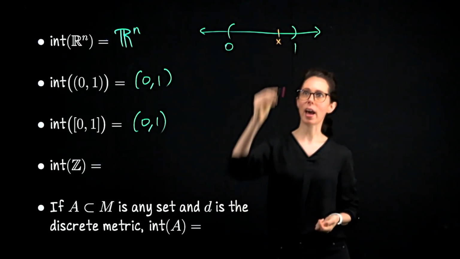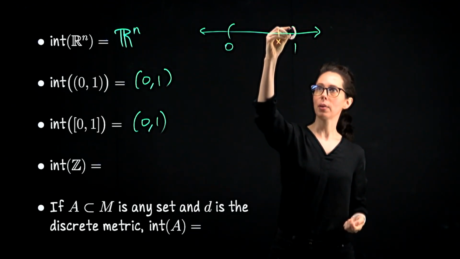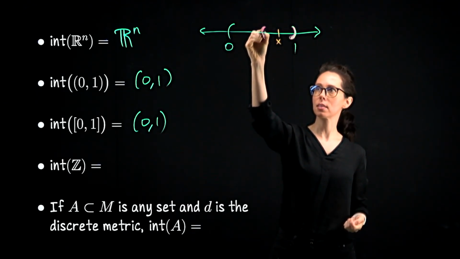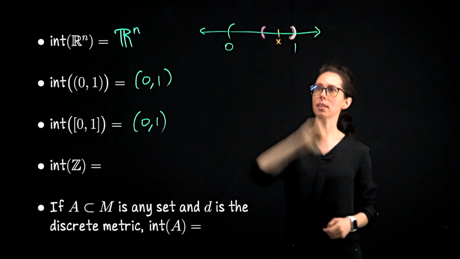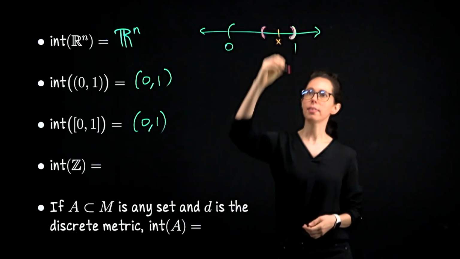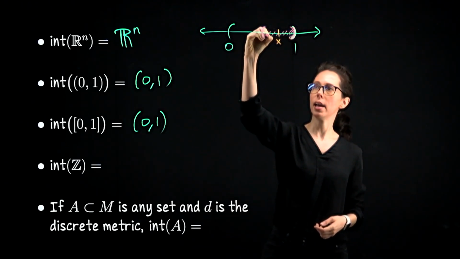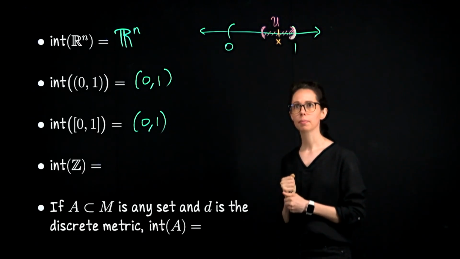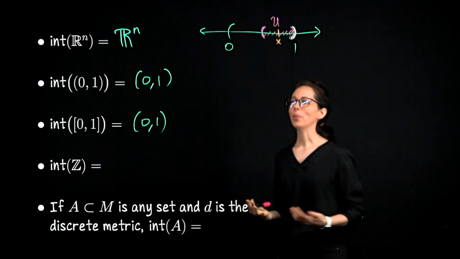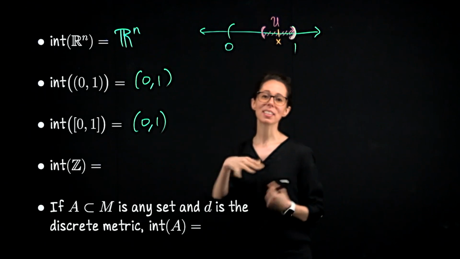If you like, you can cut it in half, but I'm just going to take my radius as the minimum distance between X and 1 and X and 0 in this picture. That looks like this distance. Then this defines an epsilon neighborhood around X, which will serve as U in the definition of an interior point. So therefore, the interior of this set is that set itself.